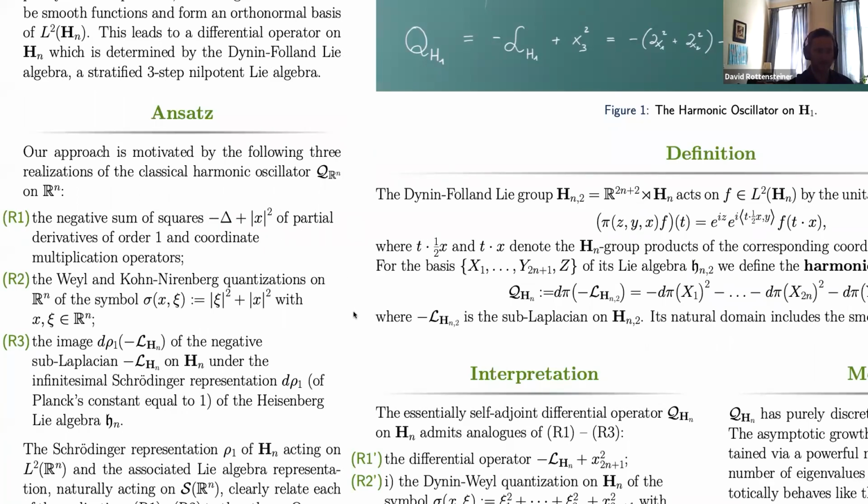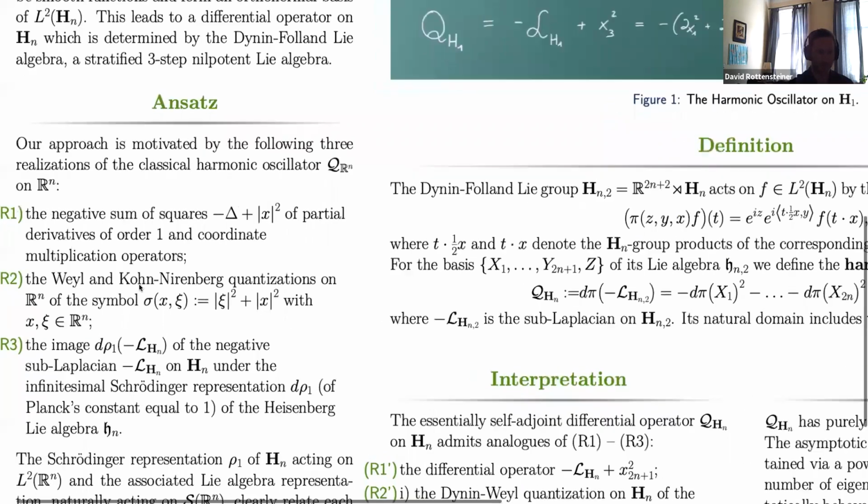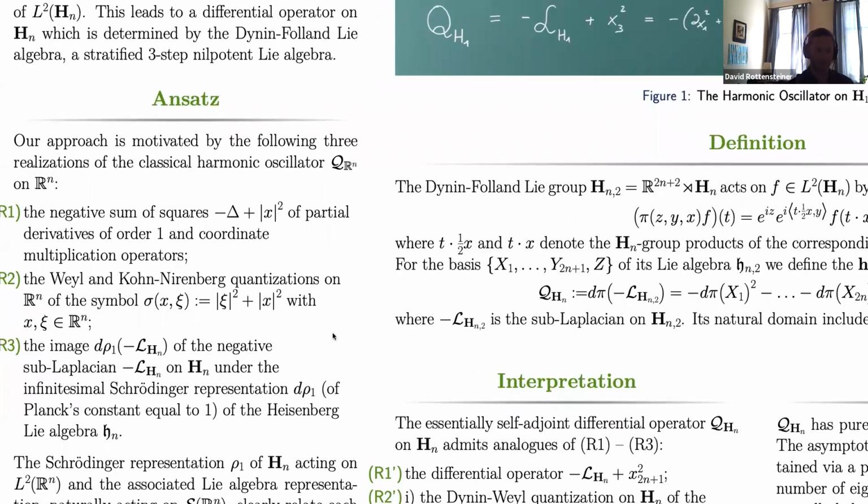It can be written as the Weyl-Kohn quantization of this quadratic symbol. And moreover, it's the image of the negative sublaplacian on the Heisenberg group under the infinitesimal Schrödinger representation of the Heisenberg group. This is related to the fact that the Heisenberg group is a supergroup given as the semi-direct product of R^n acting on itself.